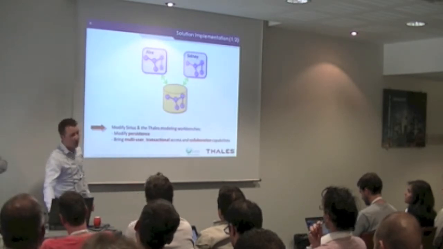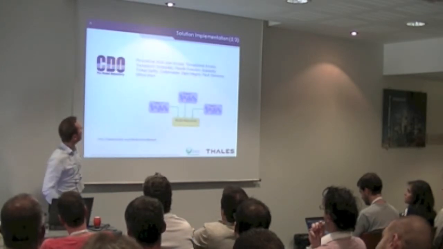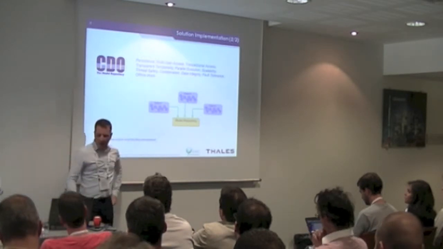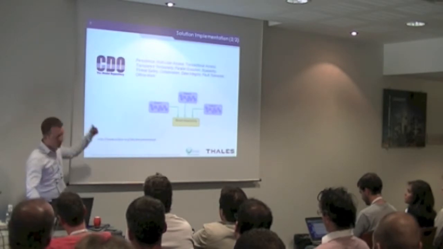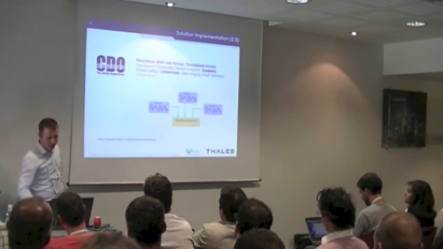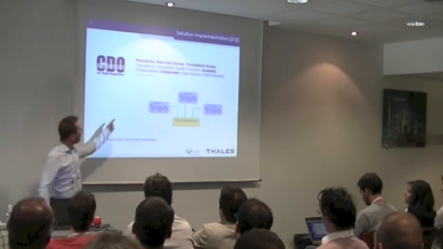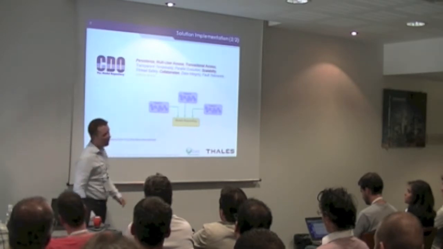We made a first prototype. We had a look at several solutions, and we had a look at this project, which is very famous at Eclipse, and we looked at all the features. We needed persistence, multi-users, transactional access, scalability, collaboration, and maybe one day we might also use offline work.